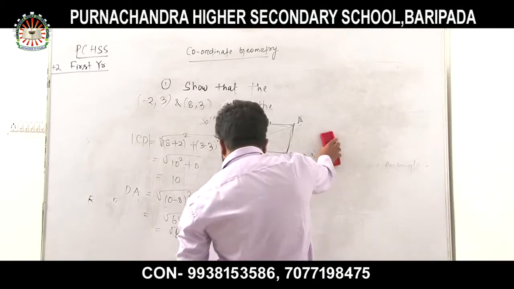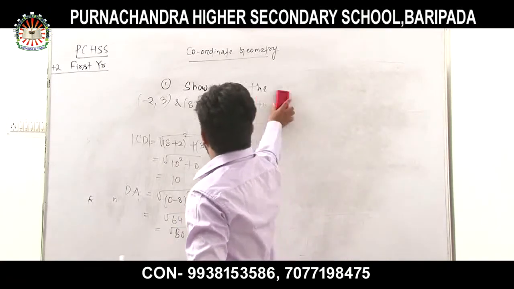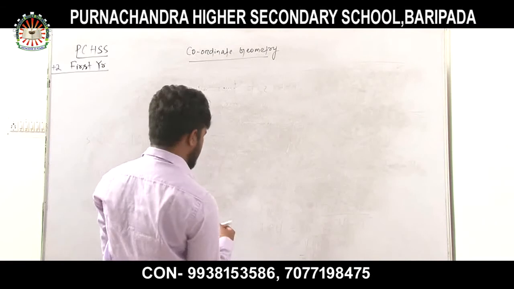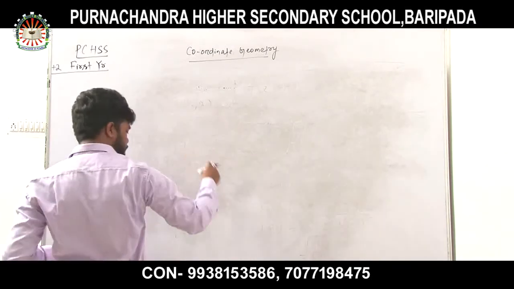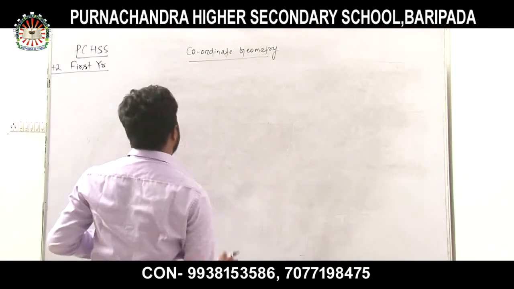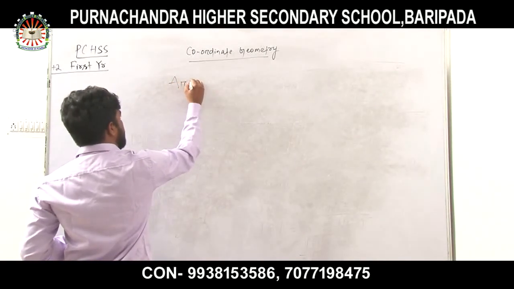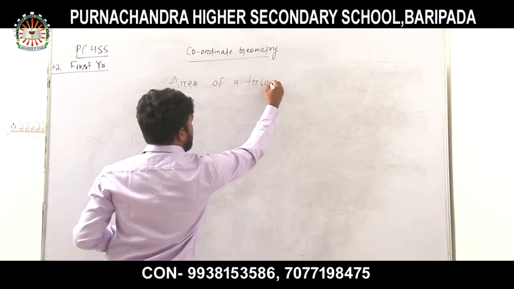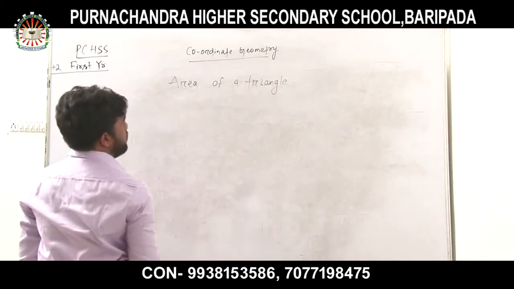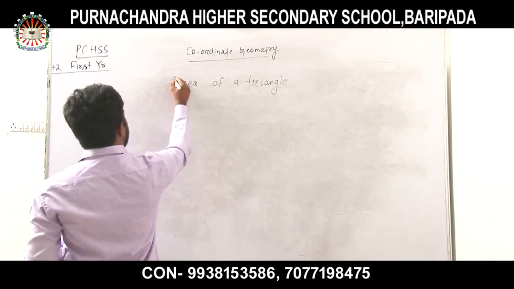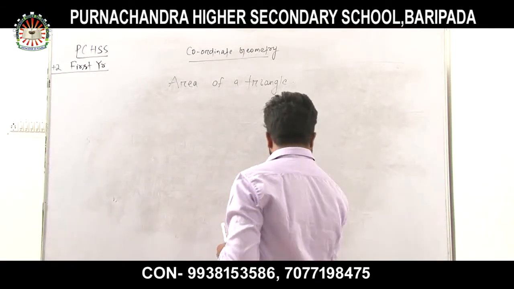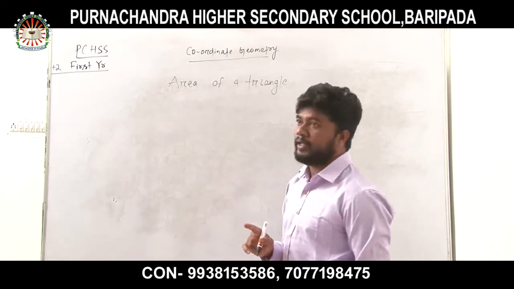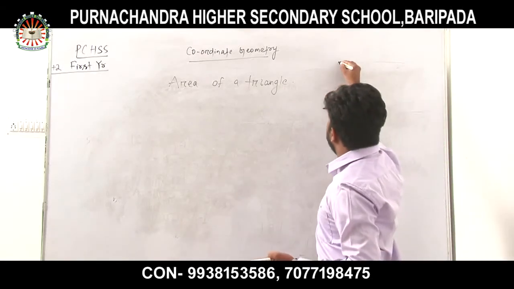Next, we have the area of a triangle. Three points are given in your coordinate plane.